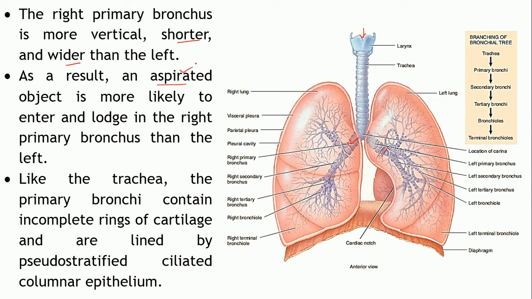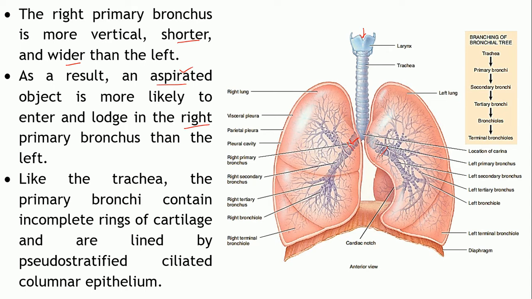It is more likely to enter and get lodged in the right primary bronchus, because it is more vertical. So there are more chances of the object entering the right primary bronchus.